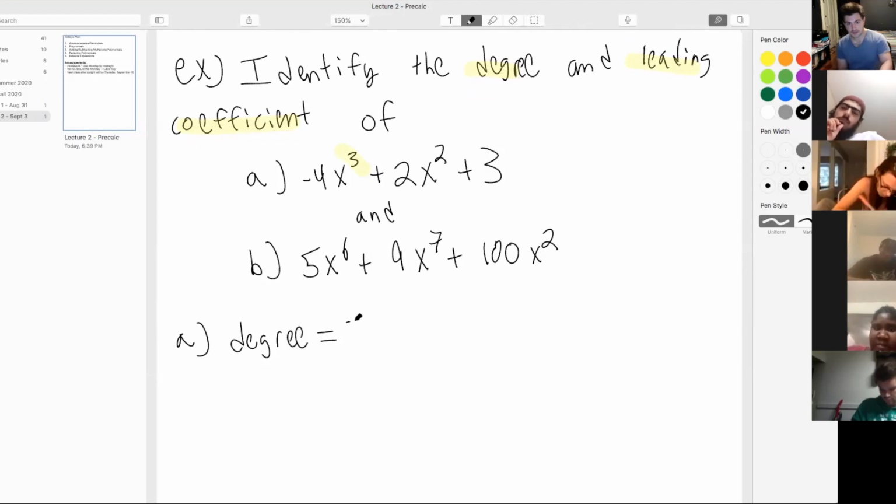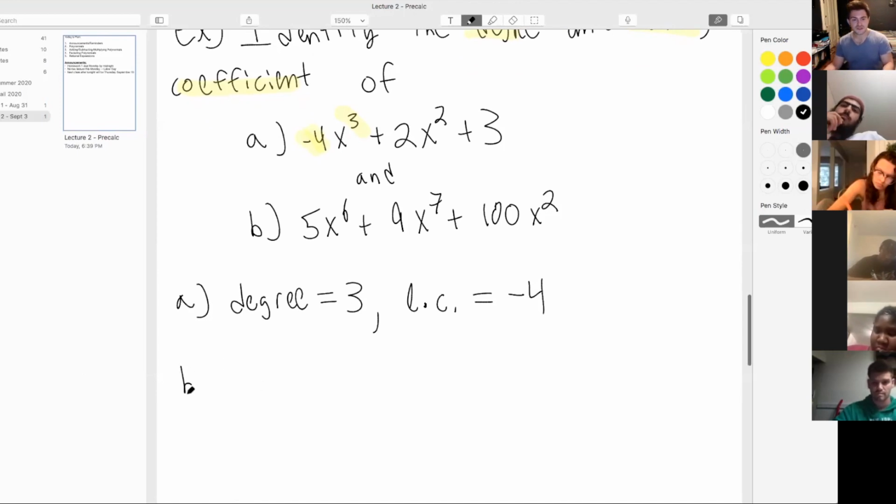And the leading coefficient, which I'll shorten to L.C., is just the coefficient of the term with the highest exponent, and that's negative 4. Hope that's okay.